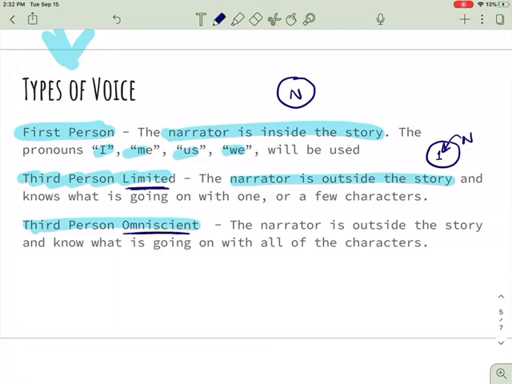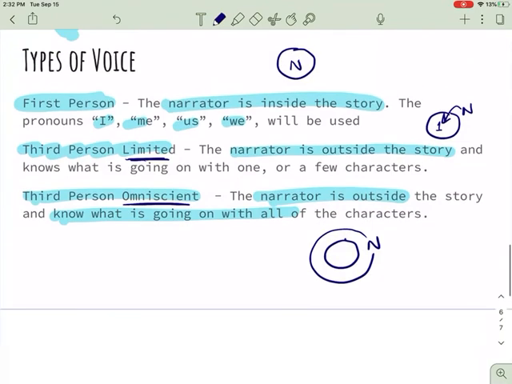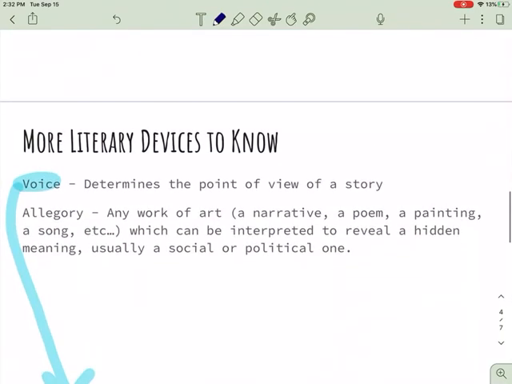So the word omniscient literally means all-knowing, okay? So again, narrator is outside the story, but they know what is going on with all the characters. So in third-person omniscient, you have the story, the narrator's outside, but they know what's up with everybody, okay? So those are the different types of voice.